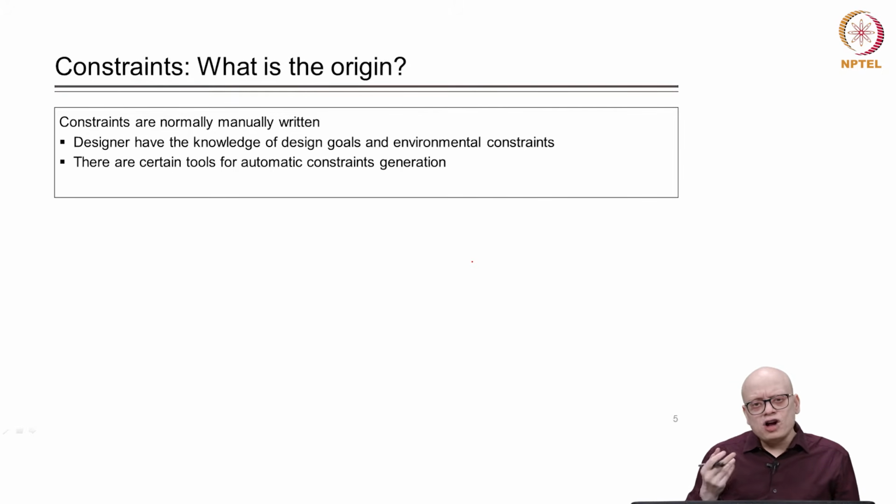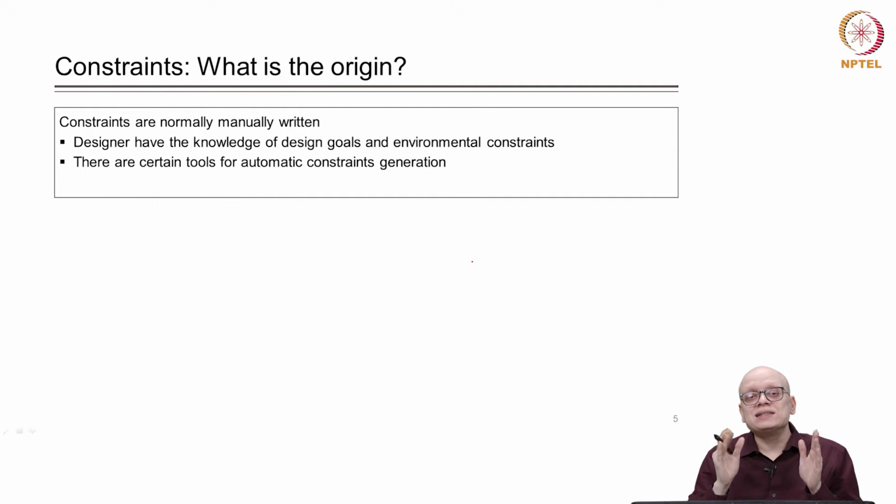However, there are certain tools which help in writing the constraints file, or claim to be automatic constraint generation tools. But what these tools typically do is provide a template.